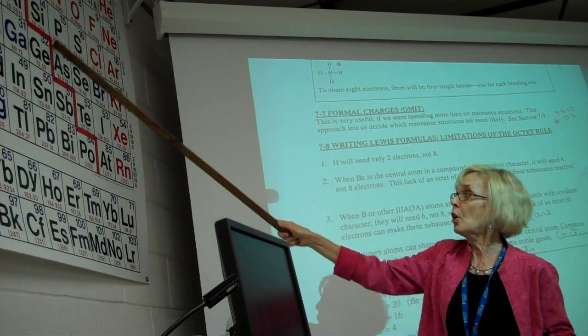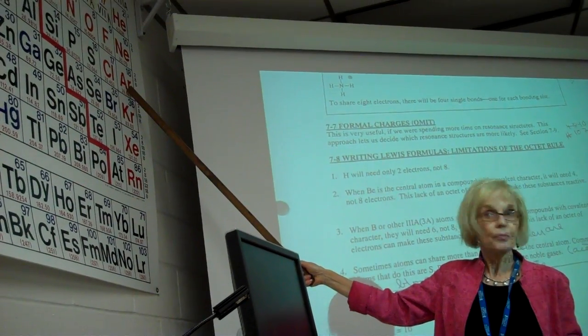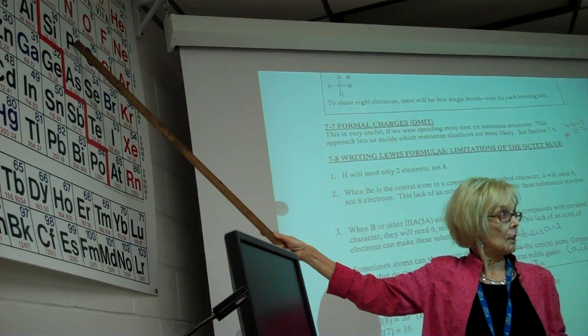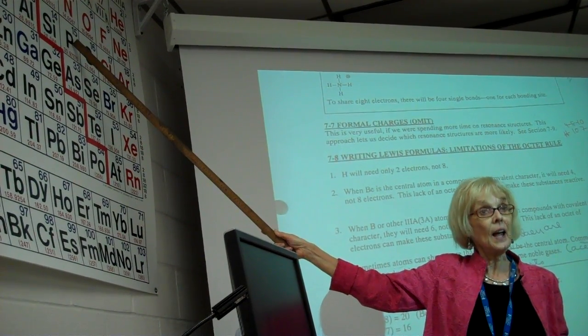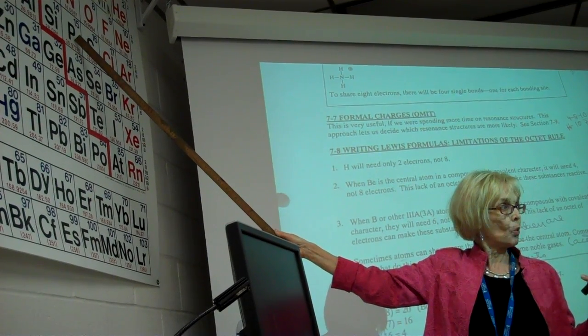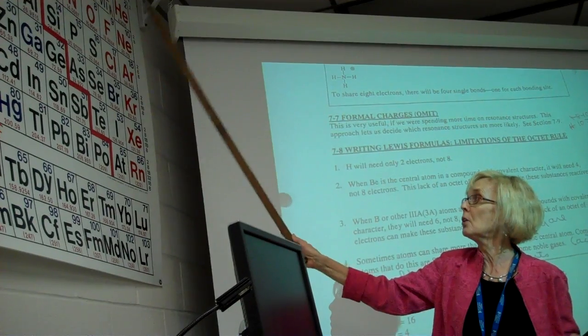So you might want to circle this block of 16 on your periodic table. Those are the guys that can, under certain circumstances, violate and have more than 8. But the most common ones you see, here, here, here.